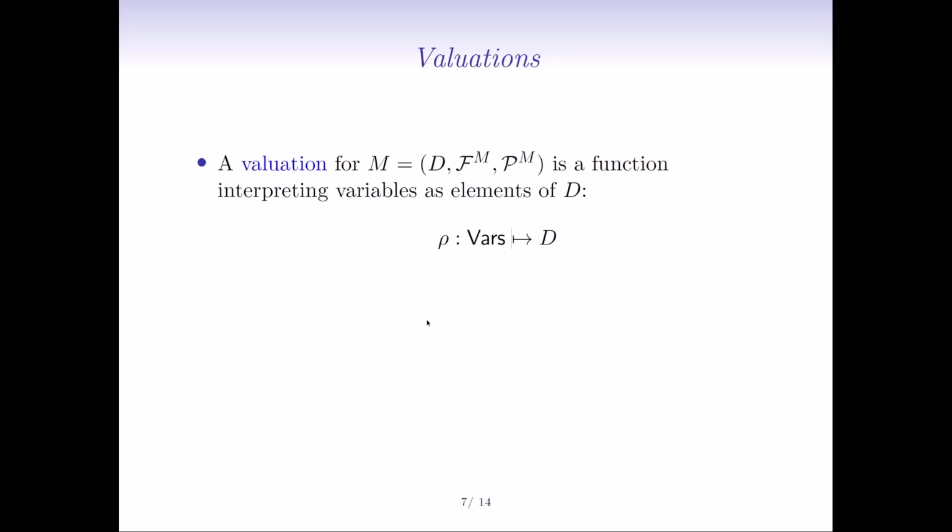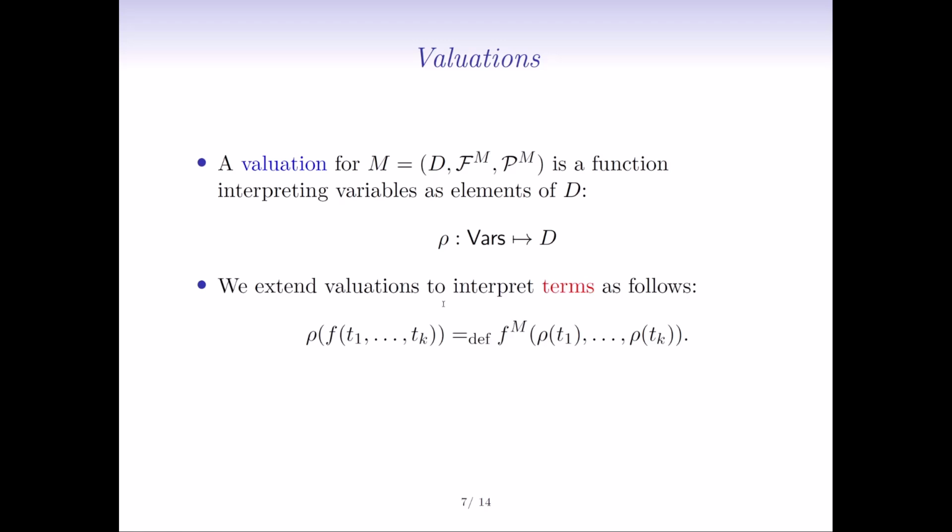Now, it's convenient, technically, to have valuations sending terms to elements of D and not just variables. So given that we've already chosen the first-order structure, we can extend valuations to interpret terms by the following definition. Remember that a term is either a variable or a function symbol applied to appropriately many terms.